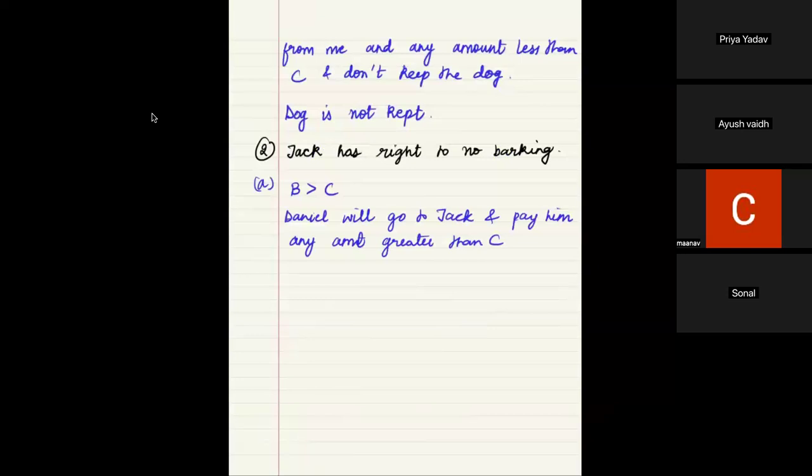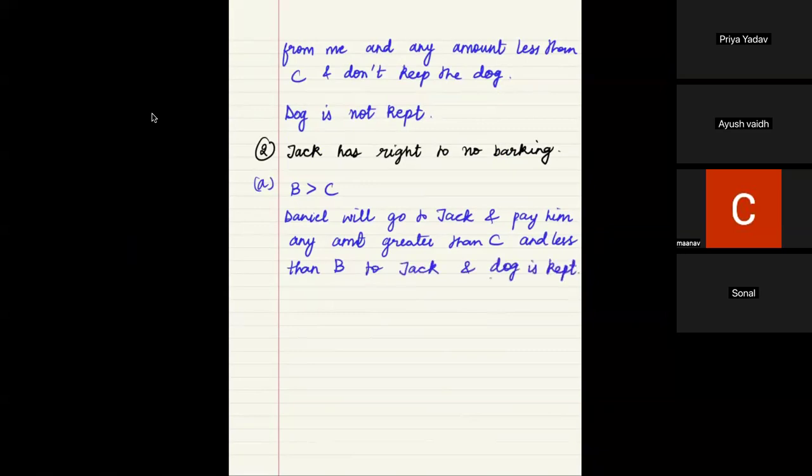The amount is greater than C and less than B. Why less than B? Because that is the benefit he gets from the dog. If he has to pay more than B, then it is better for him not to keep the dog. So he pays Jack less than B, and the dog is kept.